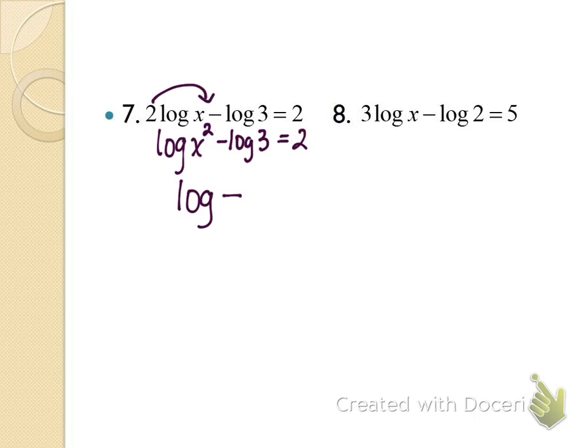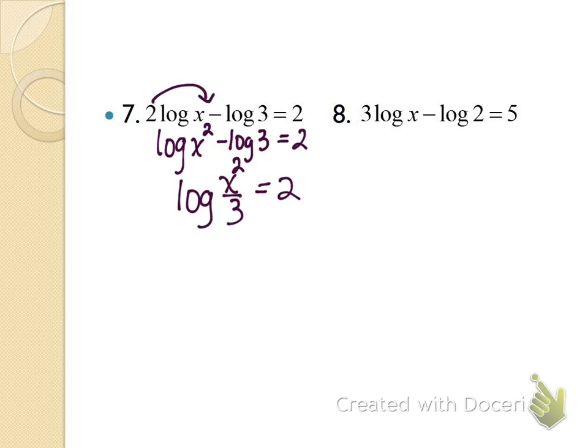What divided by what? x squared over 3. Okay. And now that is equal to 2. Are we okay with condensing it down into one log? That's like our 8.4 properties.